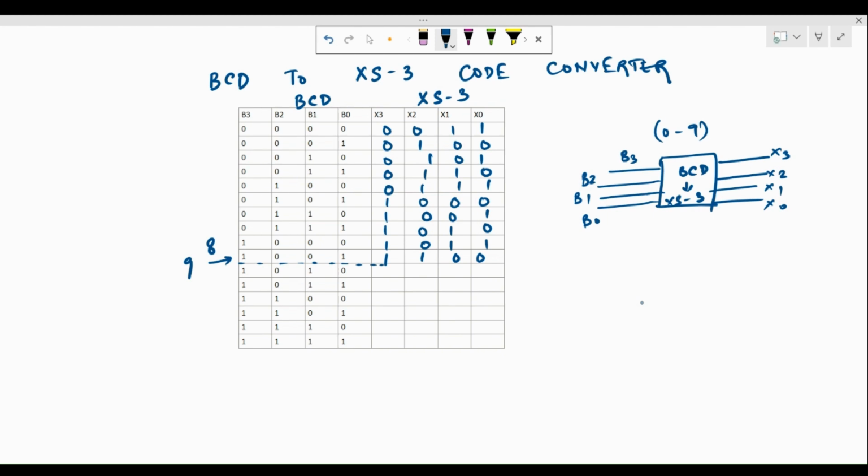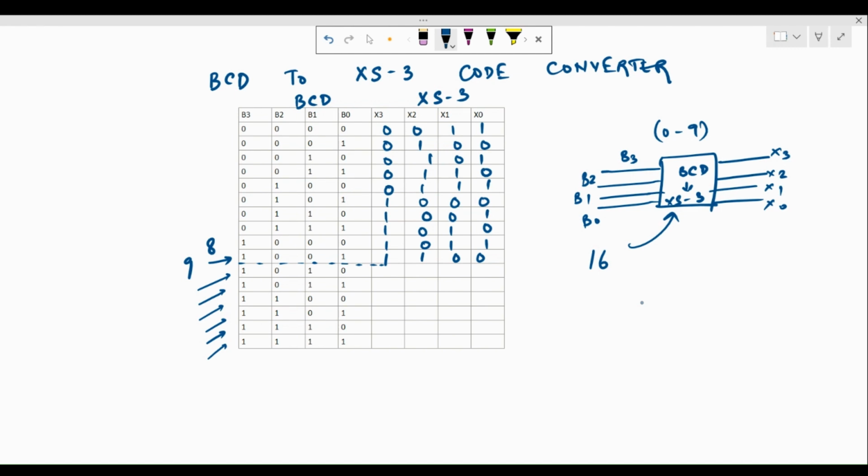So to say, if I have four inputs, the combination of all the four inputs, that is 16 possible combinations, would be applicable or applied to this particular design. In that case, if you notice, these six inputs that we have, starting from 1010 to 1111, are actually inputs which we do not care about because they do not fall under the BCD code itself.